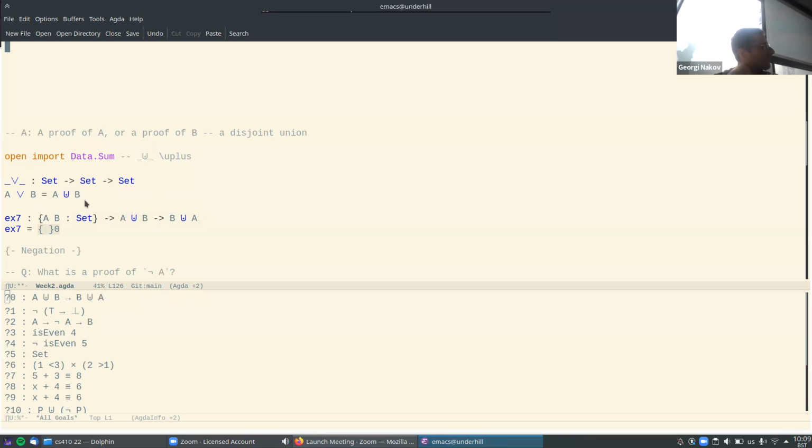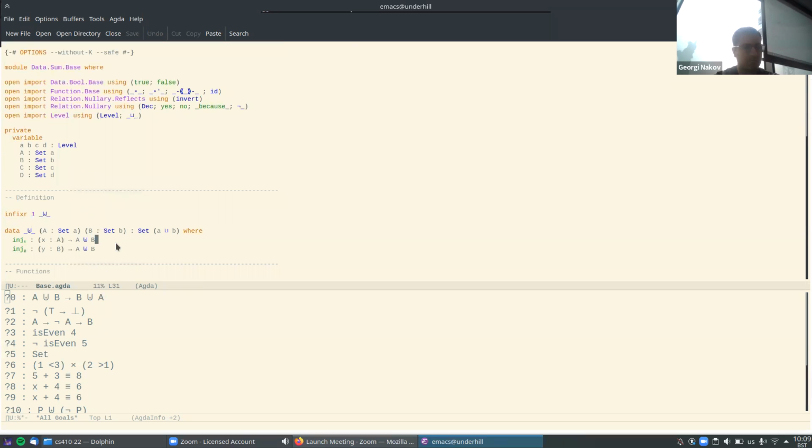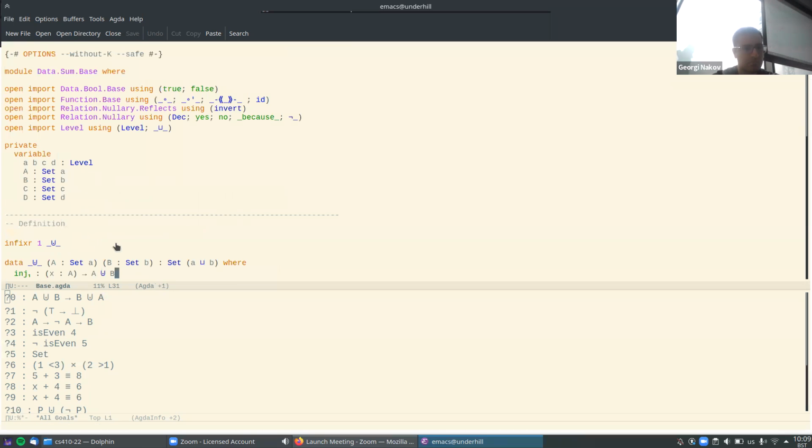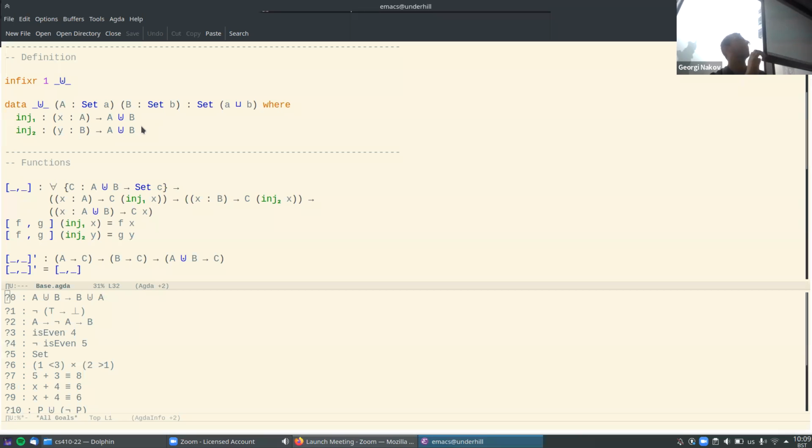So there's information in a proof of A or B, whereas so far all of the connectives we've seen are essentially bureaucratic. There's no information in a proof of true. Yes. So here's our data type.